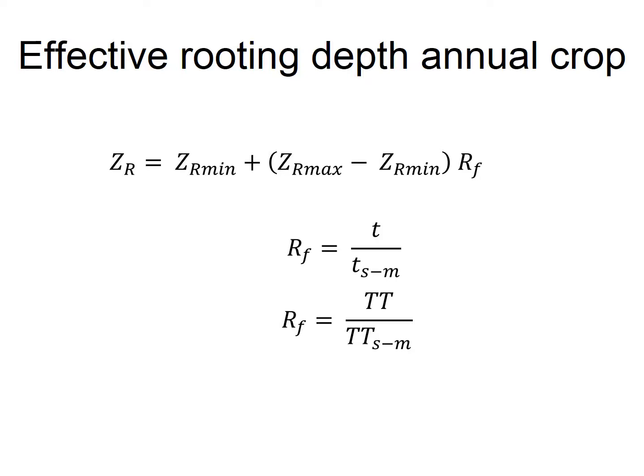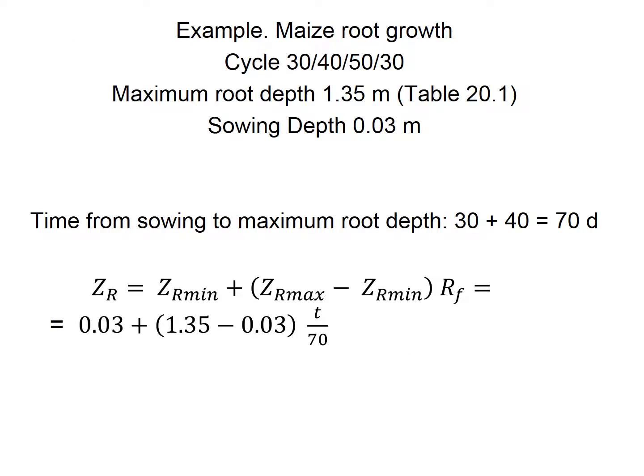In other words, the ratio between thermal time at a given time and thermal time from sowing to the maximum value of root depth. For instance, let's consider maize root growth when the crop has a cycle with stages of 30, 40, 50, 30 days, according to the crop coefficient curves of FAO. The maximum root depth is 1.35, which is the mean value obtained in table 20.1, and the sowing depth is 0.03.